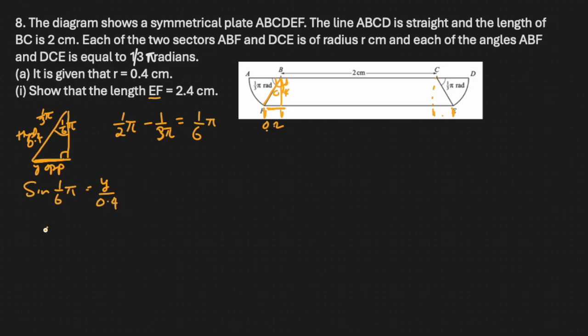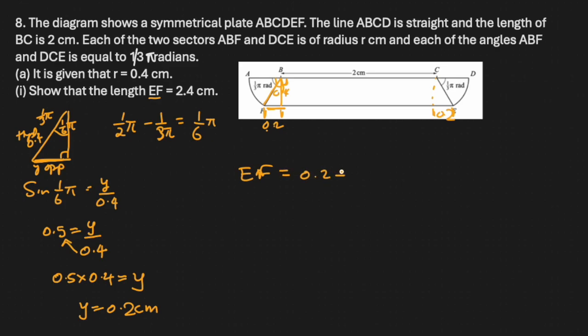Sine 1 over 6 pi is 0.5, equal to y over 0.4. Cross multiply, so 0.5 multiplied by 0.4 is y. So y comes out to be 0.2 centimeters. That was our target. So this is 0.2, this is 0.2. So EF is 0.2 plus 2 complete plus 0.2. That comes out to be 2.4 centimeters.